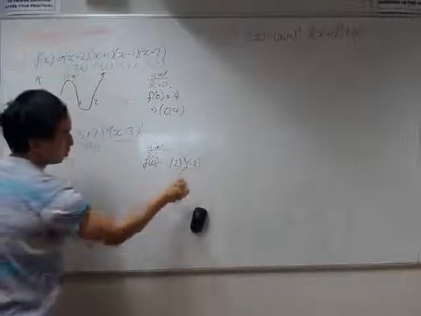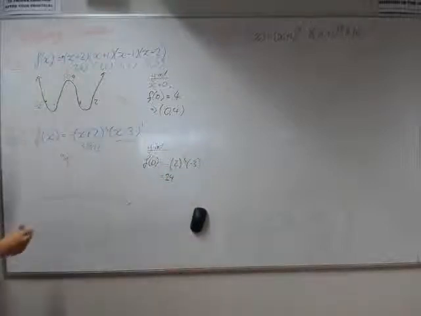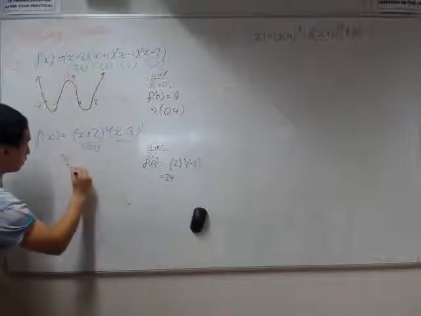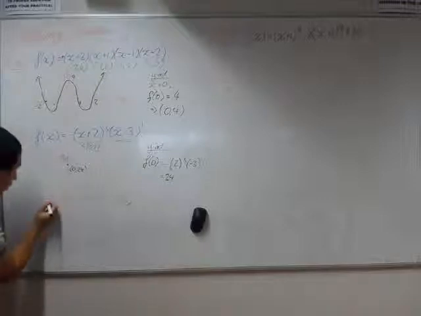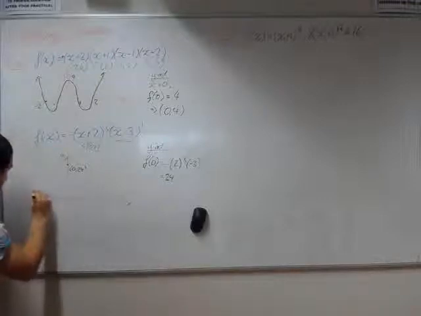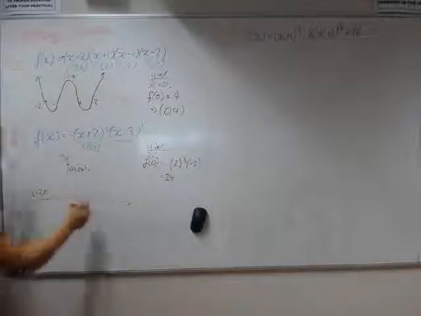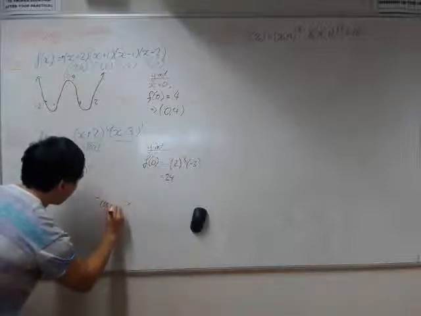We're going to have 8 times 3. Okay. So we're going to hit the y-axis at 0, 24. We're going to have a stationary point of inflection at negative 2, 0. And an x-intercept at 3, 0.